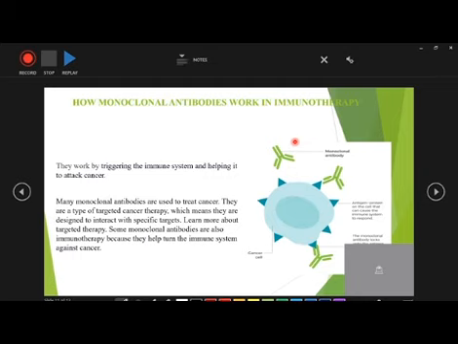Also, when I say immunotherapy, it involves, as I said earlier, immunotoxins. For example, the most common immunotoxin we have is diphtheria. Diphtheria toxin is one of the toxins that is used within immunotherapy.